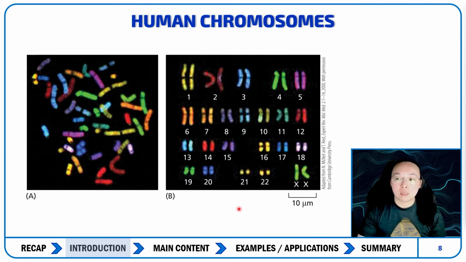In B, they were organized artificially. They took pieces of this and organized them by color and by shape and size, and they were paired together for easy identification. Based on this, after you lyse a cell, you have all these chromosomes, and you end up with a perfect pairing of 23 chromosomes for the human genetic code.